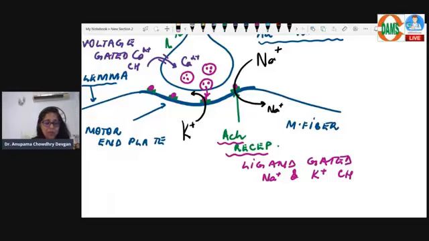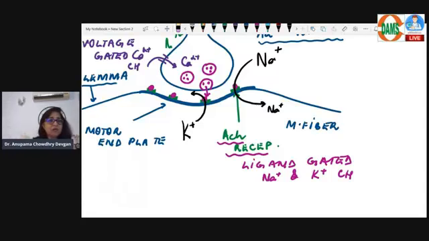But we want the muscle fiber membrane to depolarize. And depolarization means there has to be a net gain of positive charge. Now, how does that net gain of positive charge happen? This is also very easy to understand.